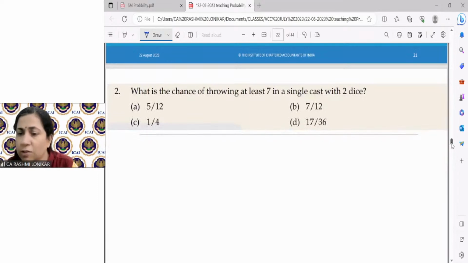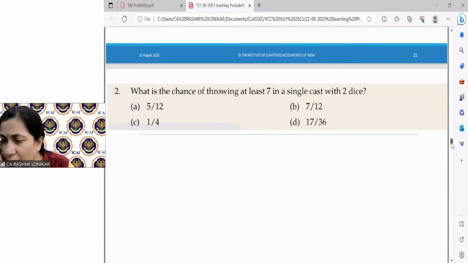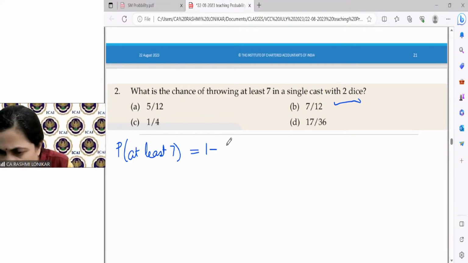Second, what is the chance of throwing at least 7 in a single cast with 2 dice? Okay, so there are 2 dice. So, probability of, see, same question, Chanchal. At least 7 is equal to 1 minus P of a 6 or below.